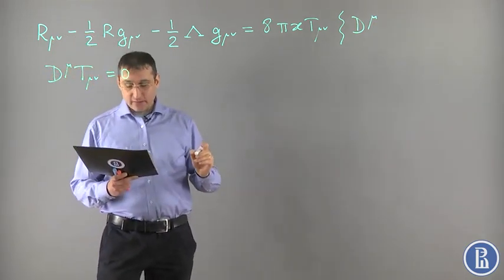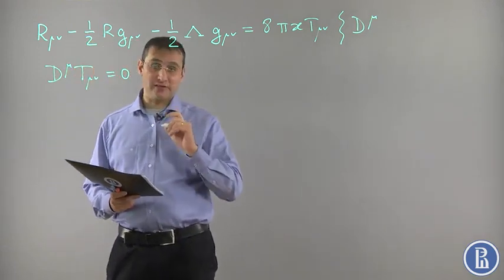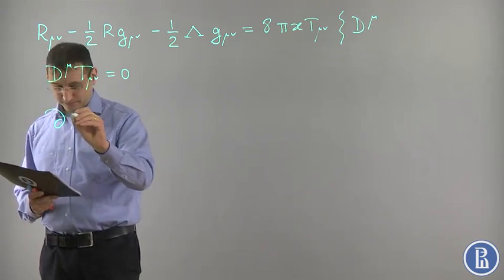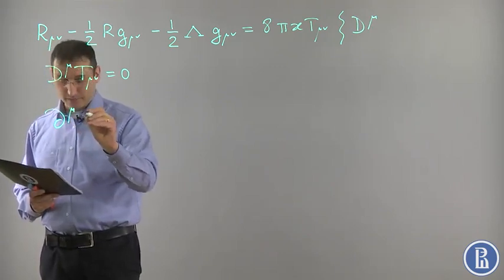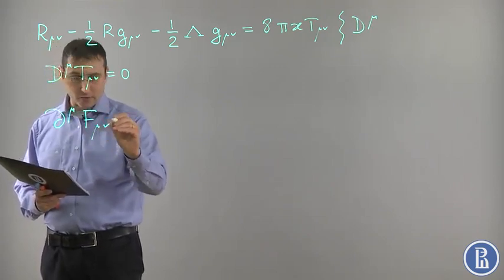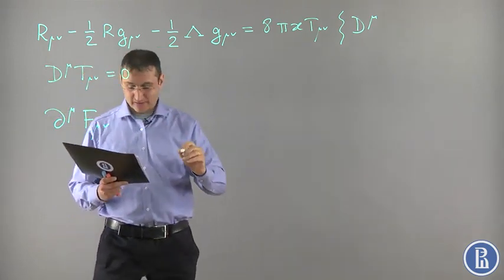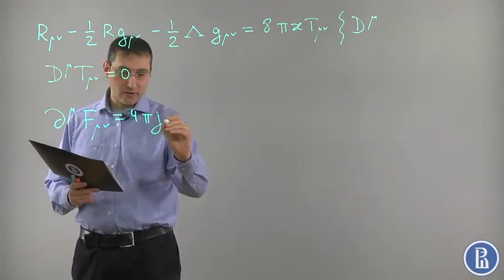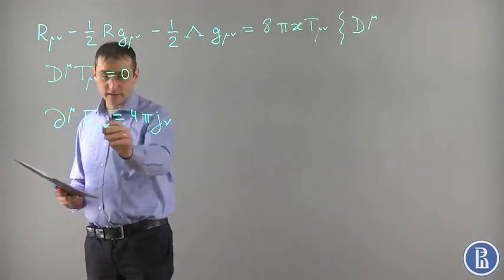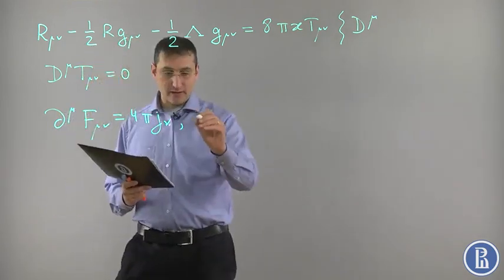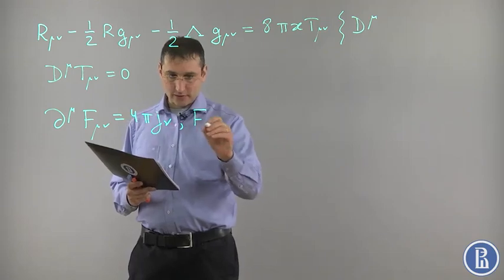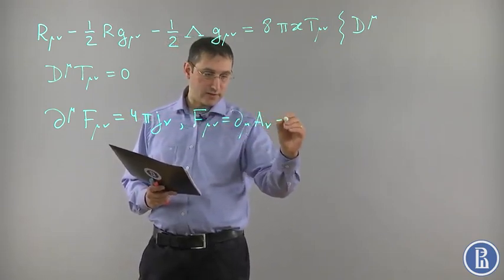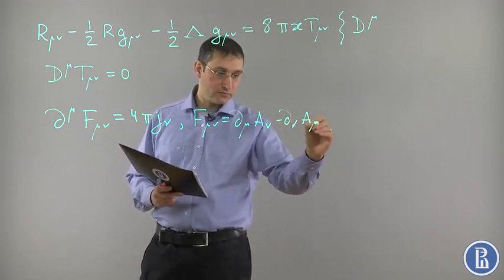This is somewhat similar to the situation one encounters in electrodynamics, because there the Maxwell equations of motion have the following form, where this is a four-current and this is the electromagnetic tensor, which is d mu A nu minus d nu A mu.